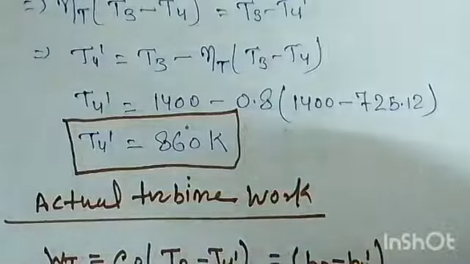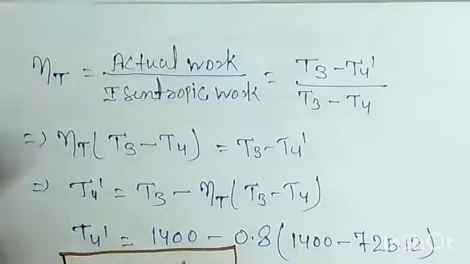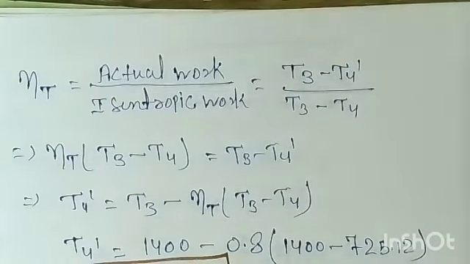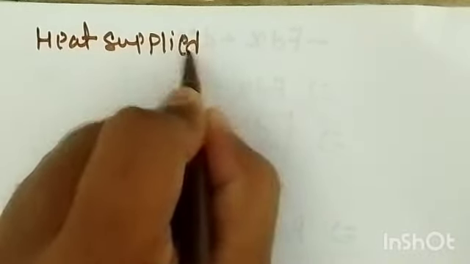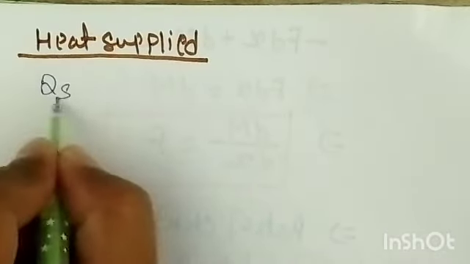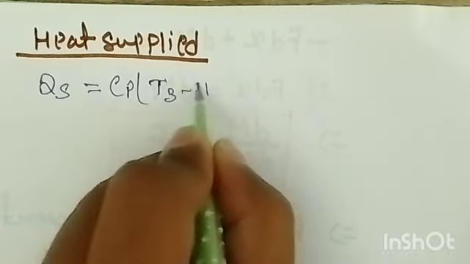Now we need to find one more data, that is heat supplied, and then we'll substitute the answer. The heat supplied in a combustion chamber, either you can write HS or Qs, is Cp into T3 minus T2 dash.